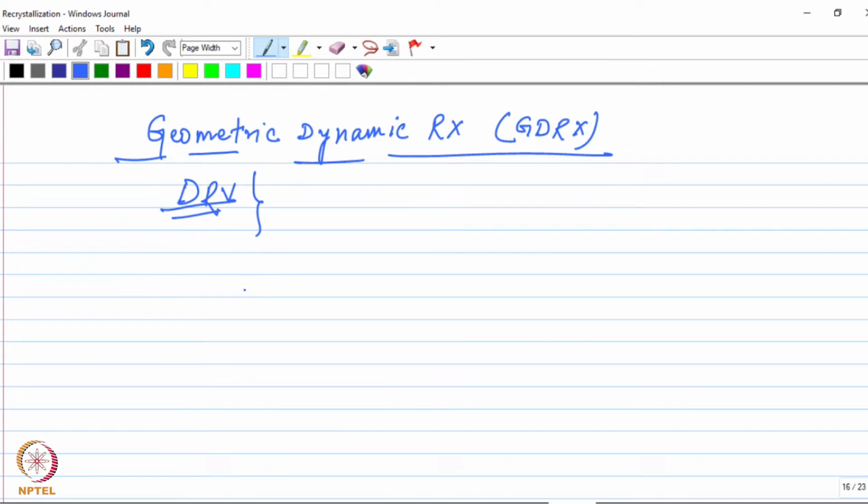And the GDRX generally occurs in materials with high stacking fault energy, which are deformed at low strain rates.